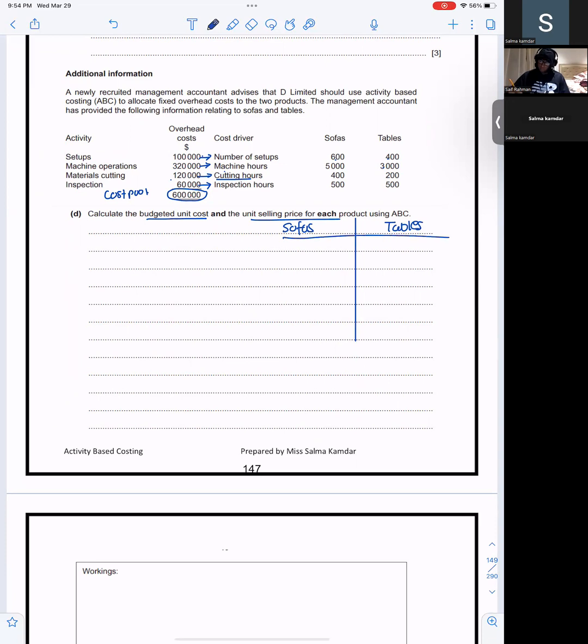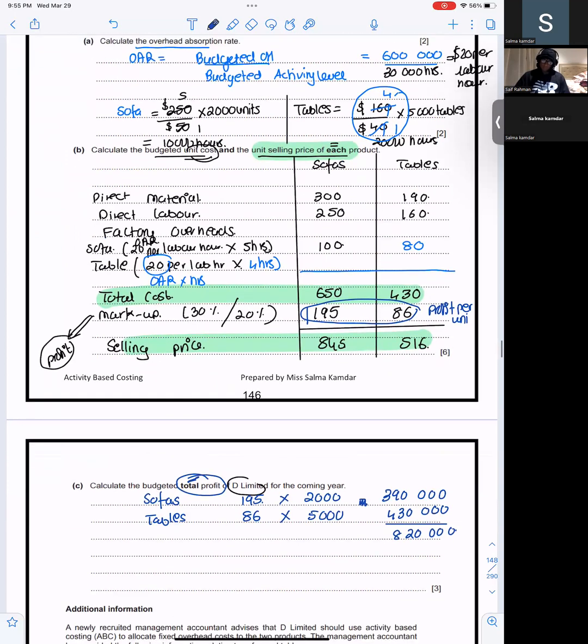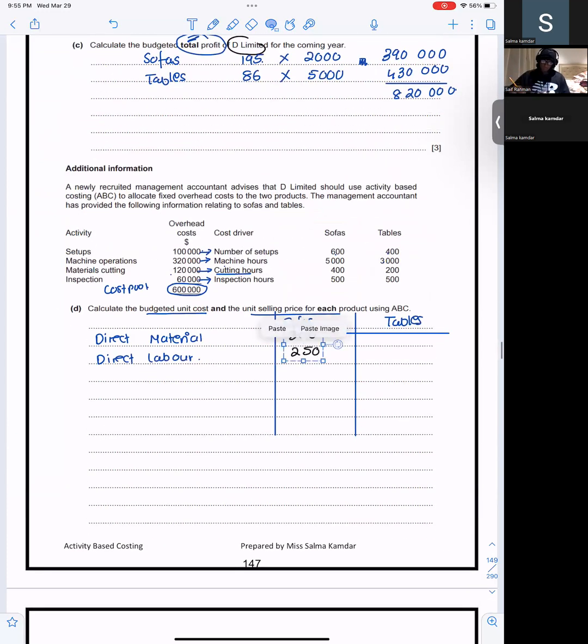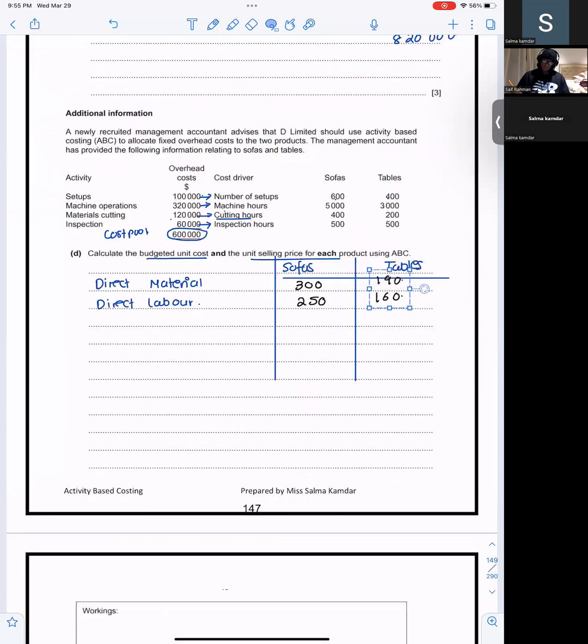Direct material and direct labor would remain the same: $300 and $250 for sofas, $190 and $160 for tables.